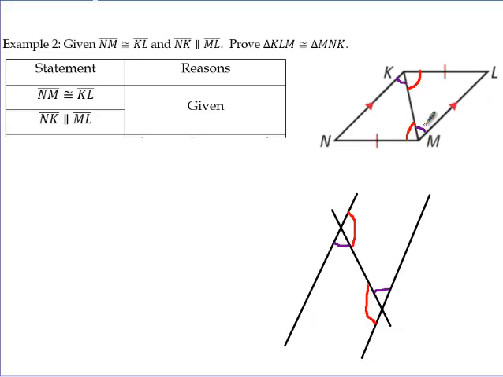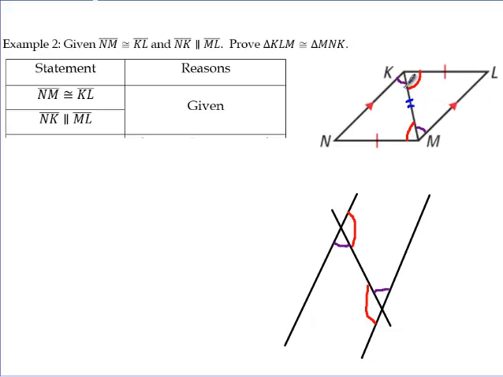Now remember, we're marking these congruent because anytime we have parallel lines, the alternate interior angles are congruent to each other. Now, we know that KM is going to be congruent to itself. That is going to provide our second set of sides.